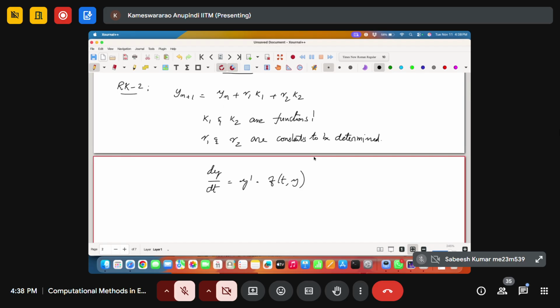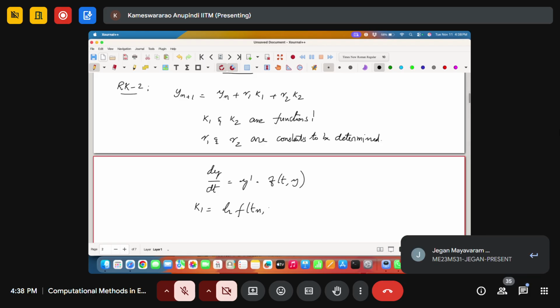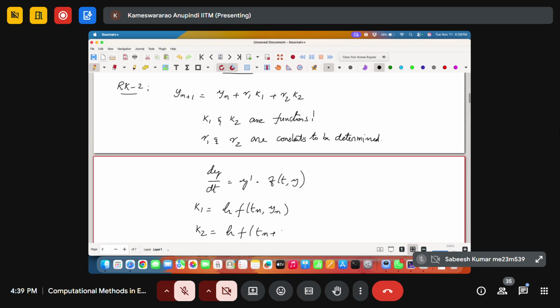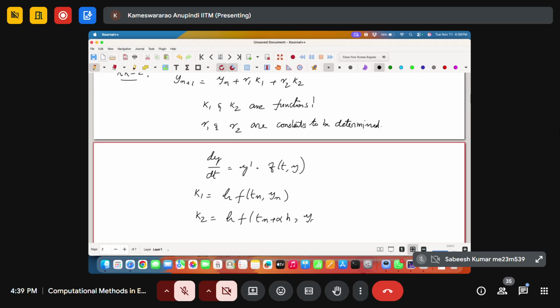So what are these k1 and k2? k1 equals the step size h times f of tn, yn. And k2 equals h times f of tn plus alpha h, yn plus beta times k1.